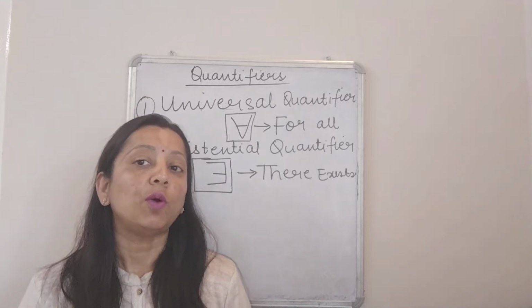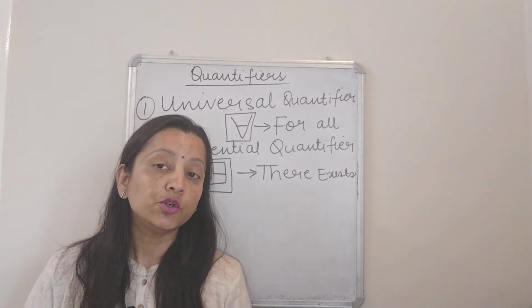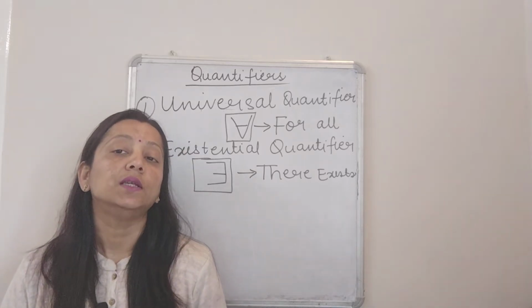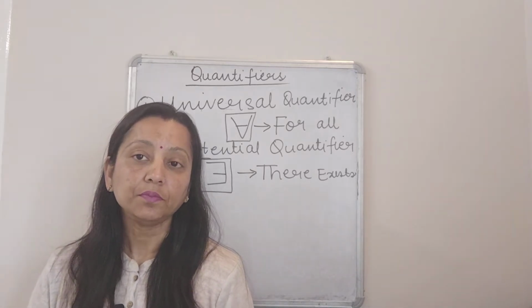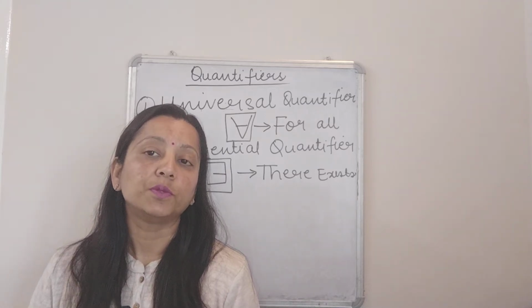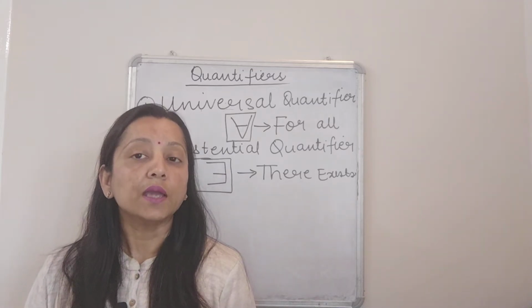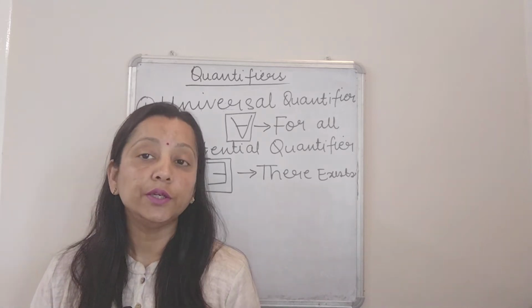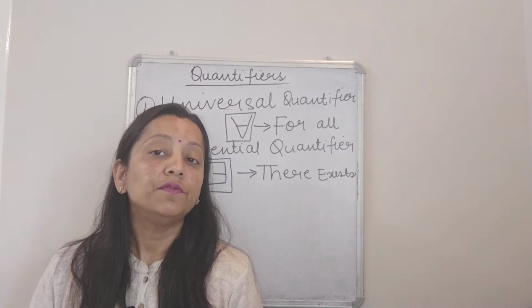By fixed truth value, I mean it can either be completely true or completely false, like when I assign a value to the variable and convert a propositional statement into a proposition. In that case, I am only concerned about a fixed truth value.